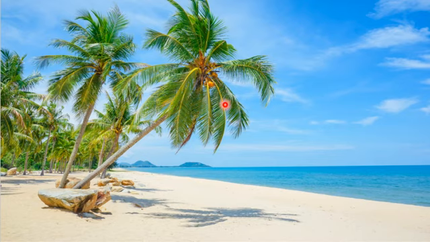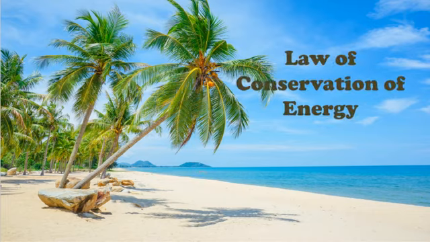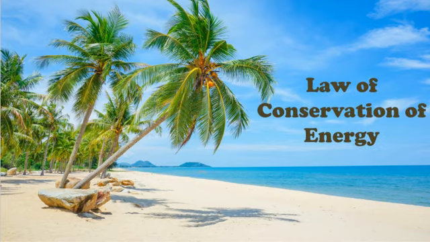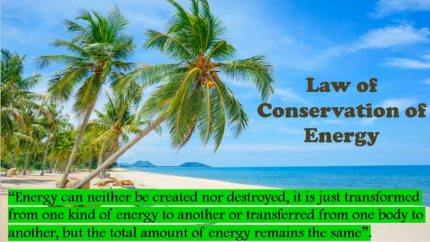But if the coconut falls to the ground, the gravitational potential energy of the fruit will be converted to kinetic energy as it falls. This is what we call the law of conservation of energy, which states that energy can neither be created nor destroyed. It is just transformed from one kind of energy to another or transferred from one body to another, but the total amount of energy remains the same.